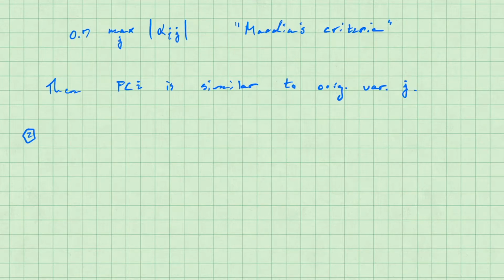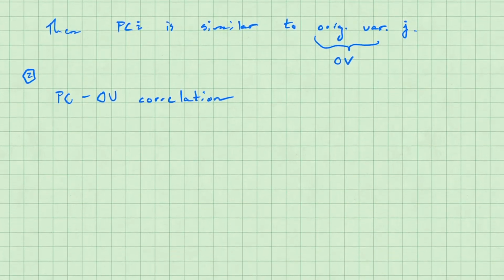The second tool is pretty similar, but let's describe it anyway. It's sometimes used, and this is the principal component, original variant correlation, and I'm going to say this is OV for original variant correlation. You imagine constructing some matrix Cij, and this thing is the correlation of column i from the X matrix and column j from the Y matrix.